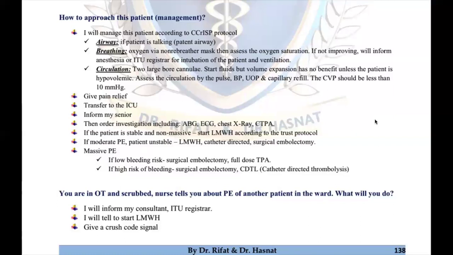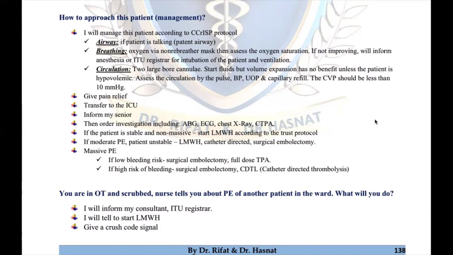Not that kind of nice. These things are locally directed. NICE protocol is not universal, but it was initially used for NHS hospitals and is widely recommended after that. But the trust is local.